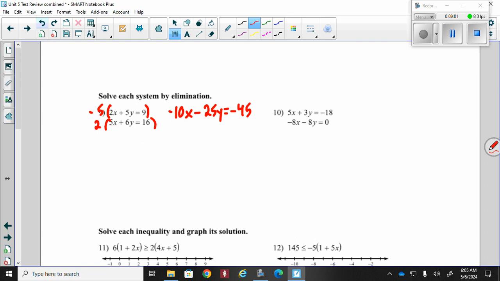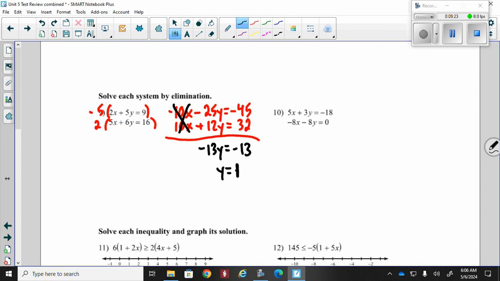Okay? This becomes +10x plus 12y is equal to +32. All right? All the x's cancel, so I'm left with -13y is equal to -13. Y is equal to +1.